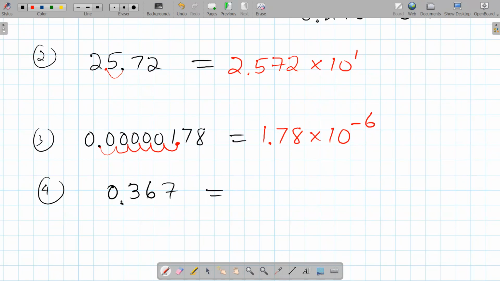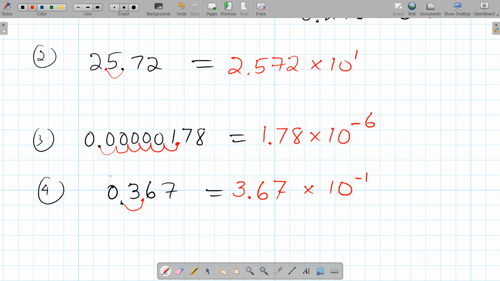For this to be in the rule, I need to move it to the right. I have to move it to the right only one time so that it becomes 3.67. And once I do that, it is times 10 to the negative 1 because I moved just one time.